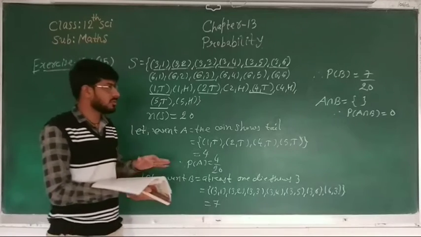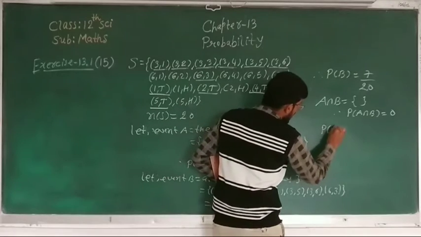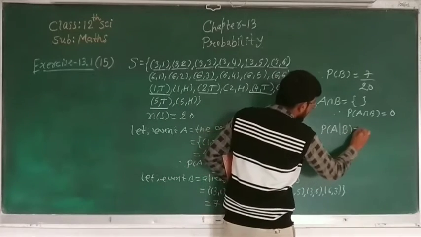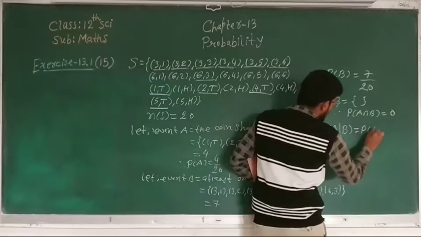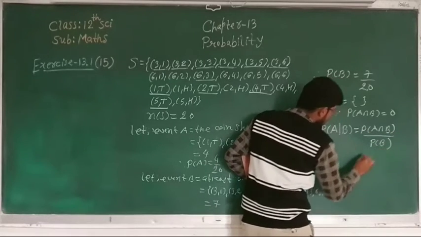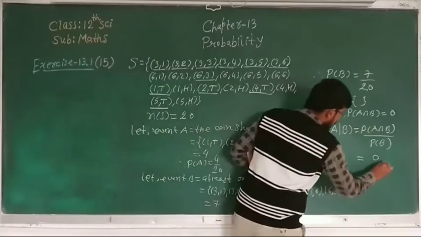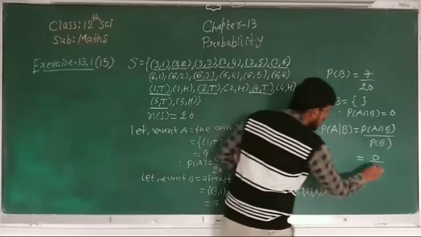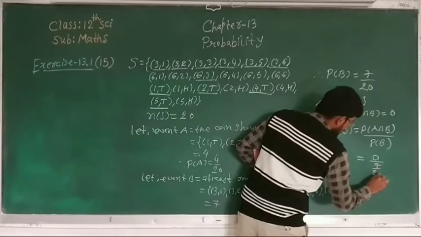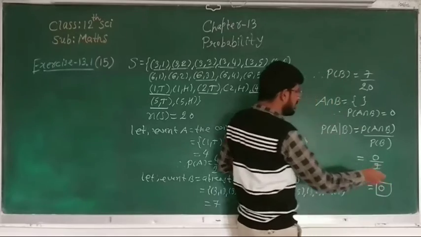So we have to find P of A given B, which is P of A intersection B upon P of B. But P of A intersection B is 0 and P of B is 7 by 20. So our answer is 0, because 0 upon any term will be 0. Is it clear?